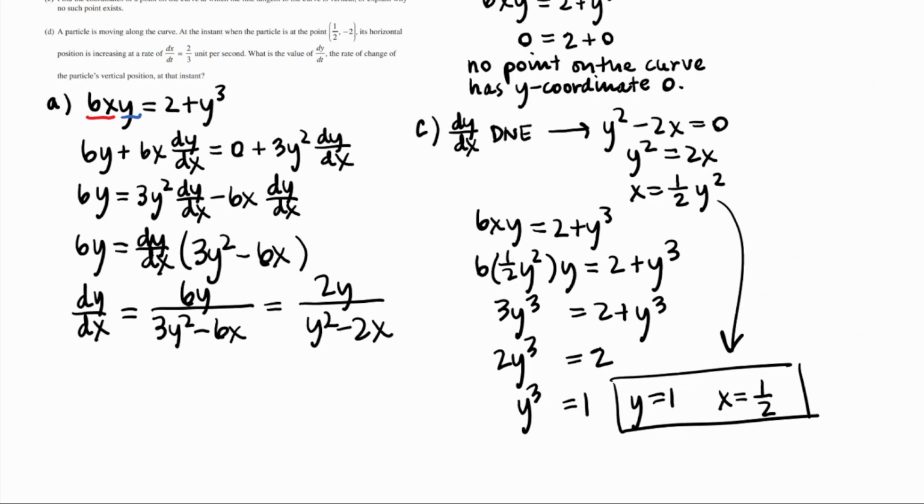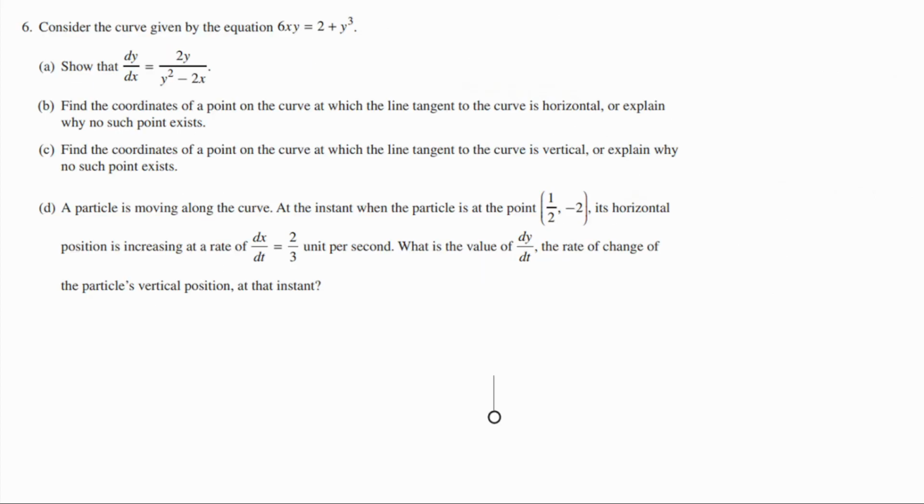Okay, what I'm going to do is clear out this earlier work and zoom back in on the statement of the question. What we're going to need to do is take the derivative of the original equation with respect to time this time instead of x. So 6xy equals 2 plus y cubed. Now we're going to take the derivative with respect to time. So again, I'm going to use the product rule.